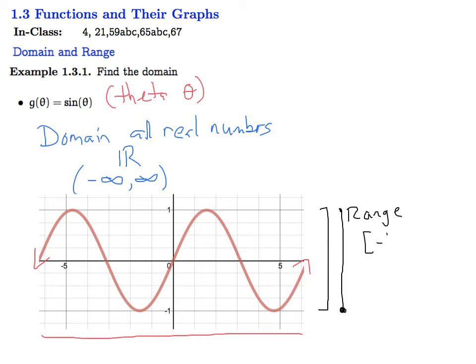So we can specify this using bracket notation, with, of course, equalities because we actually get the numbers. That's what these brackets mean. We actually hit those numbers. Either one of these is fine as well. If you prefer the brackets, the inequalities, both work. So we have a domain of all real numbers and range -1 to 1 including those numbers.